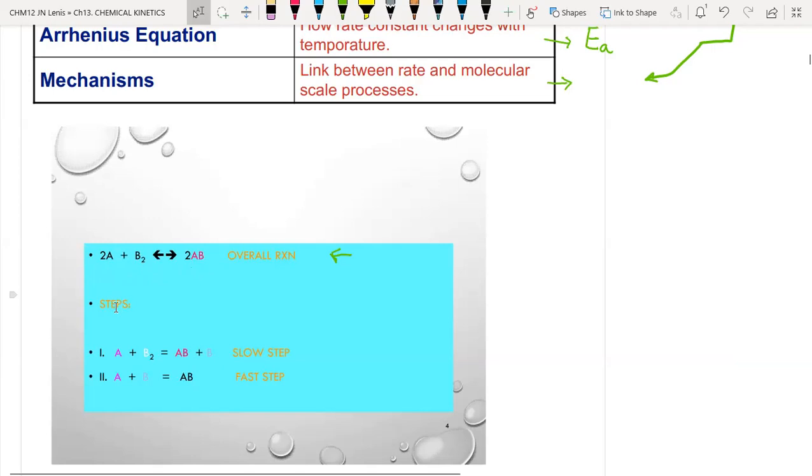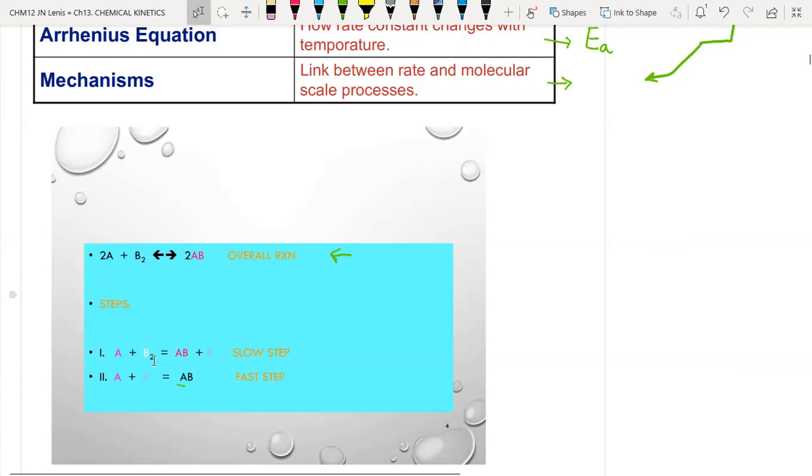And we are going to describe the process showing the mechanism. And we use steps. So then we can figure out, using the rate laws, that during step 1 the reaction proceeds this way, and also that that's going to be the slow step. And then during the second step, the reaction proceeds this way to finally get the product.